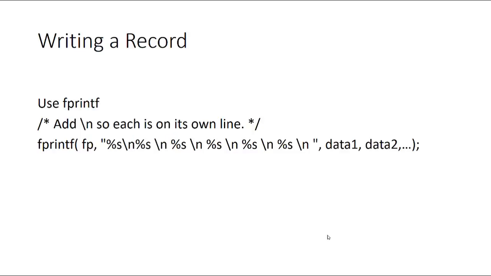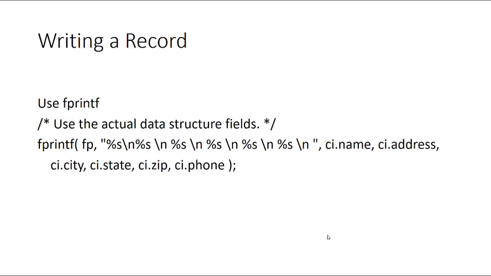So if I say the first string \n, second string \n, third string \n, that means it'll write a string and then put that \n so each one will be on its own line. And finally, what I have to do is just fill in the data structure fields so fprintf knows where to get the data from. Okay.